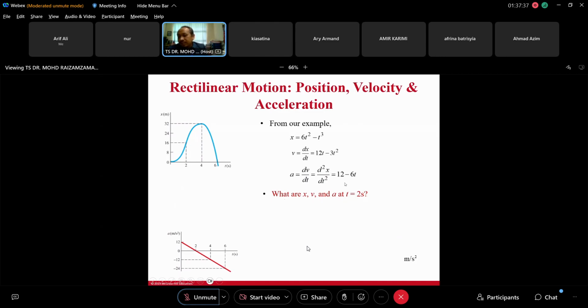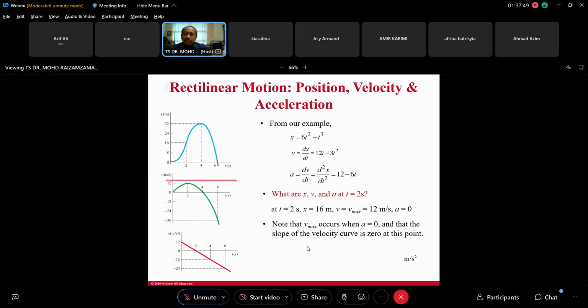Can I get x? Can I get the velocity? Yes. Can I get a? Yes, you should be able to get all the values. The same thing for time equal to 4 seconds. Can I get x? Yes, so now you have all the values.